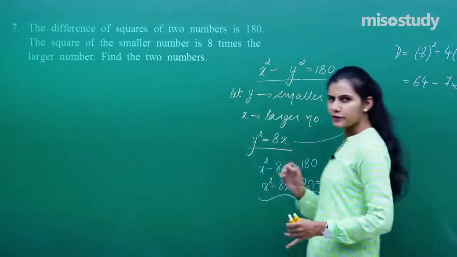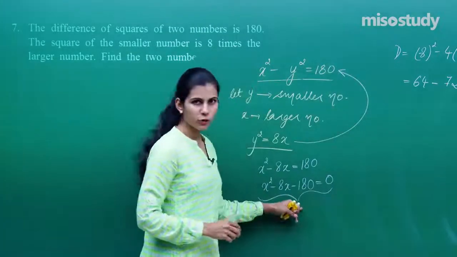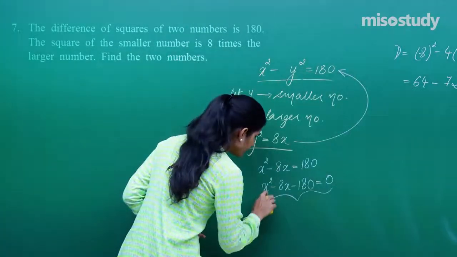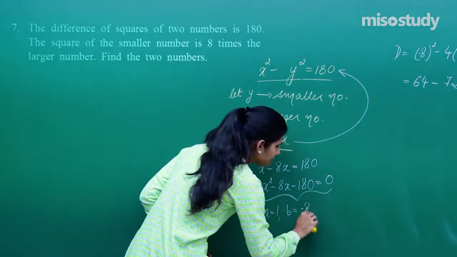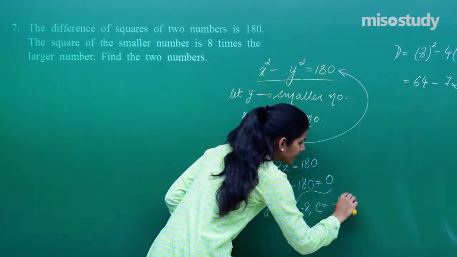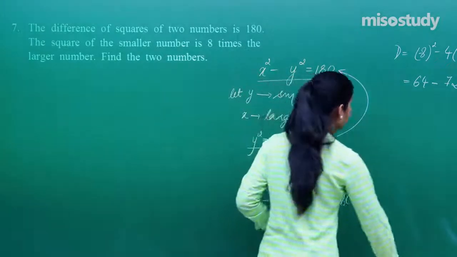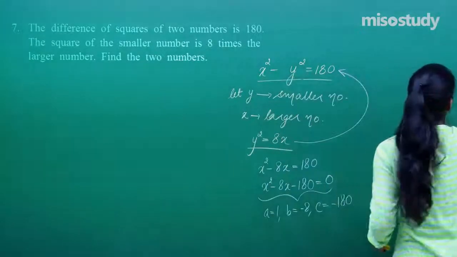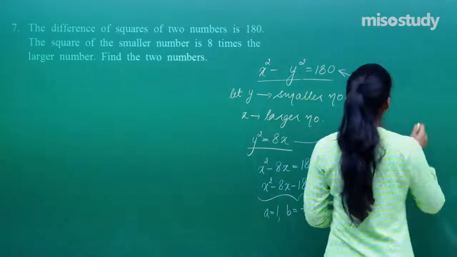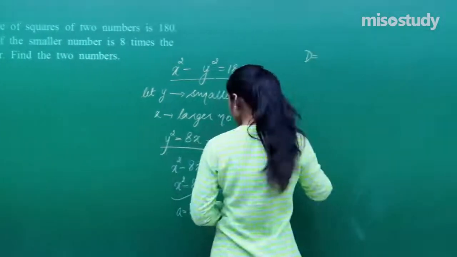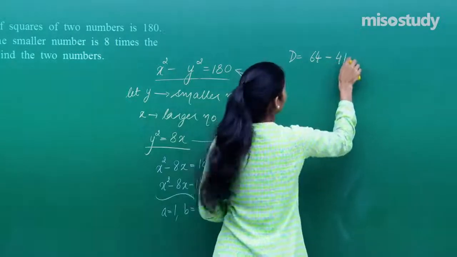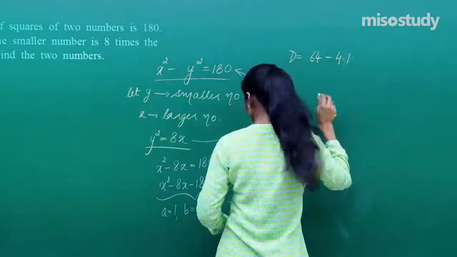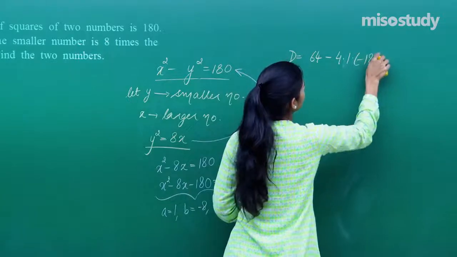So over here, as you were trying to solve this quadratic equation, please mind it, this is a very frequently committed mistake. a over here is 1, b is minus 8 and c is minus 180. So obviously when I am trying to calculate the discriminant, what do I get? The discriminant is b square minus 4 into a into c, that is again minus 180.